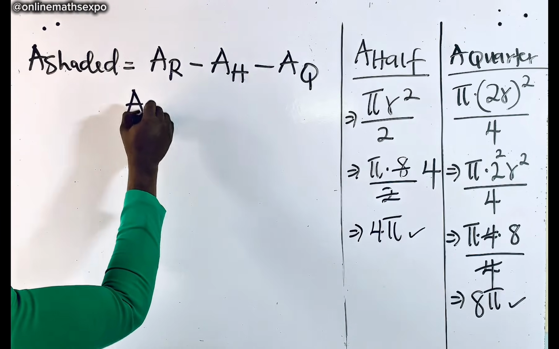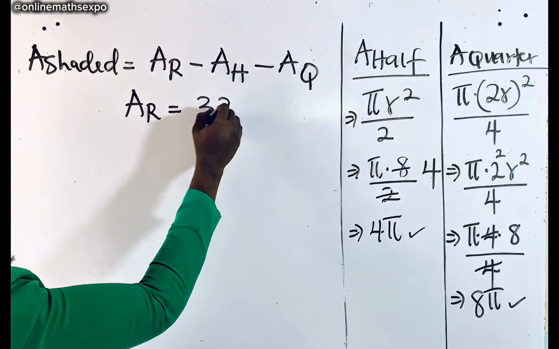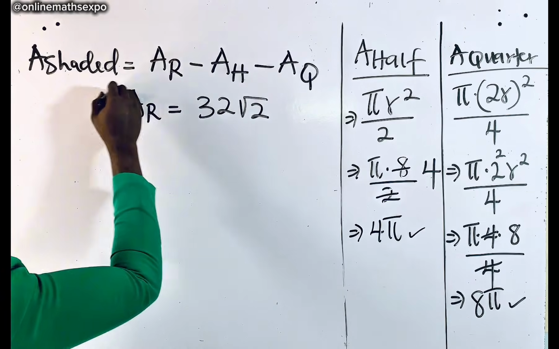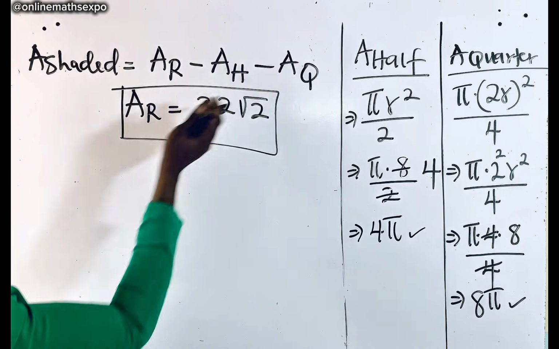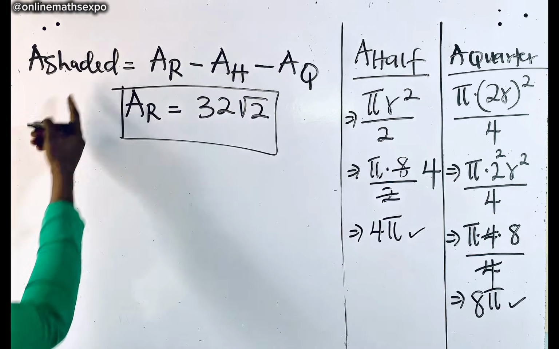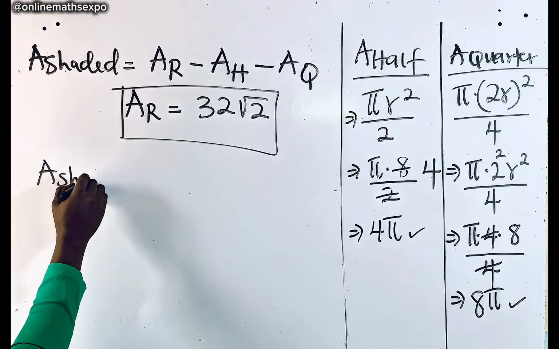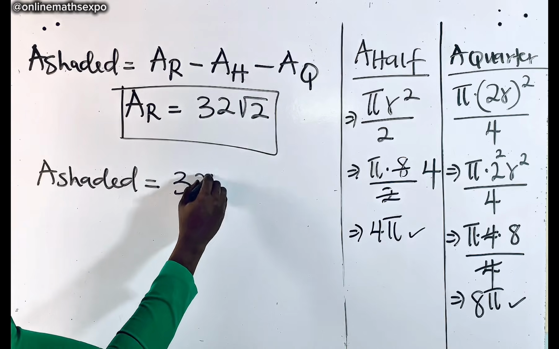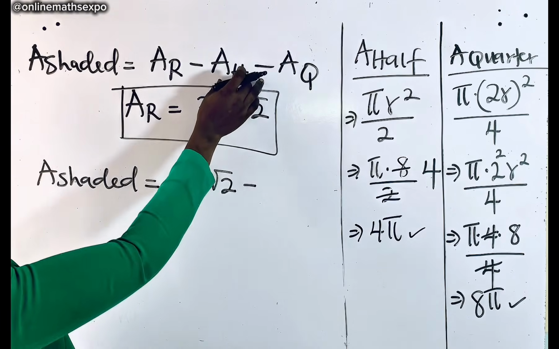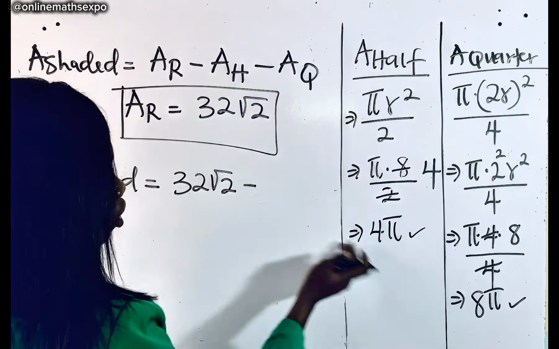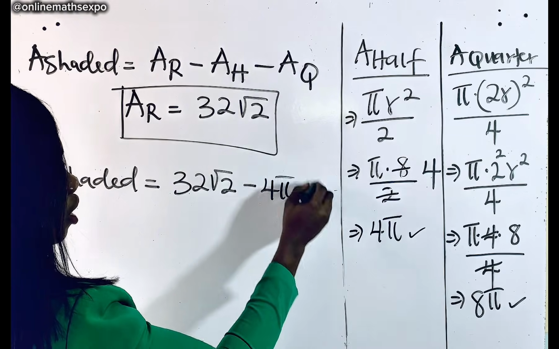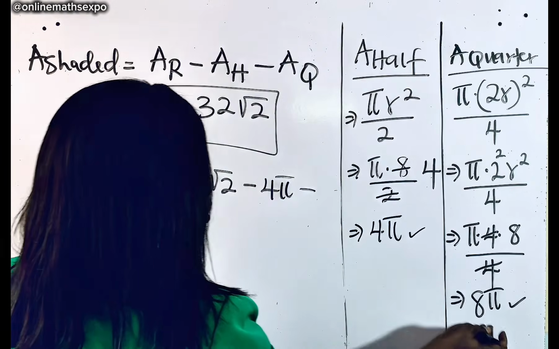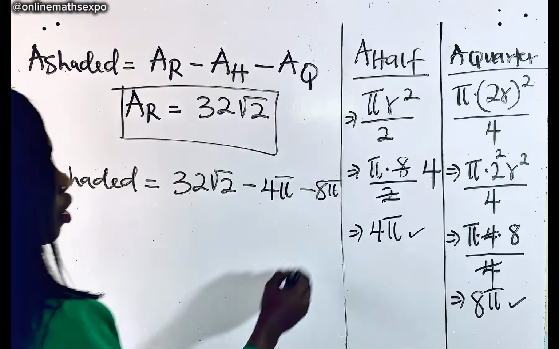Remember, for the area of a rectangle, we got 32 root 2. So substituting this here, area of the shaded is equal to 32 root 2 minus area of half circle, we got 4 pi, minus area of quarter circle, we got 8 pi.